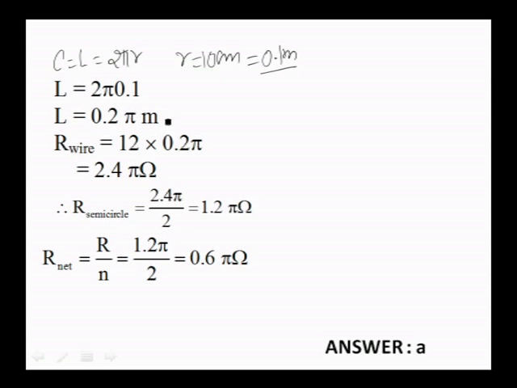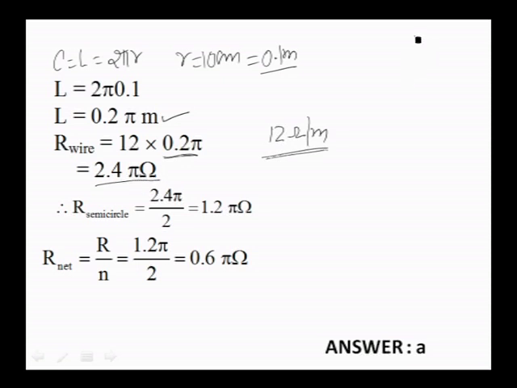That is the length of the wire. To calculate the total resistance of the wire, we take 12 ohm per meter, the resistance per unit length, multiplied by the length 0.2 pi, which gives 2.4 pi ohm.